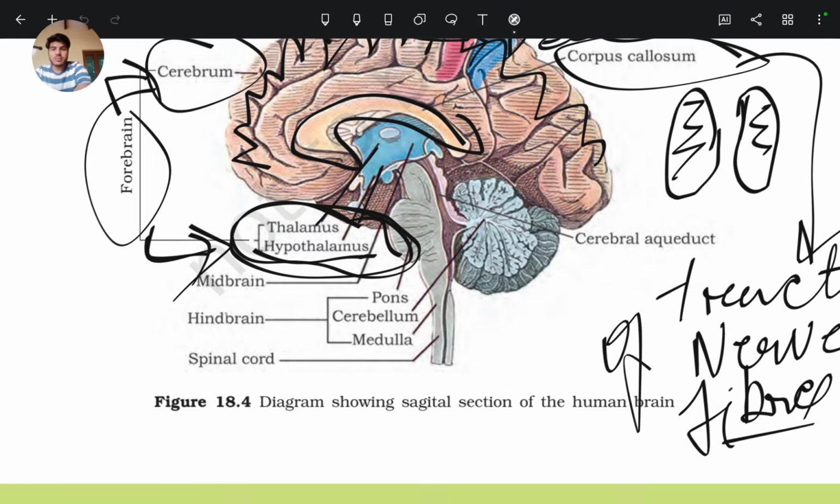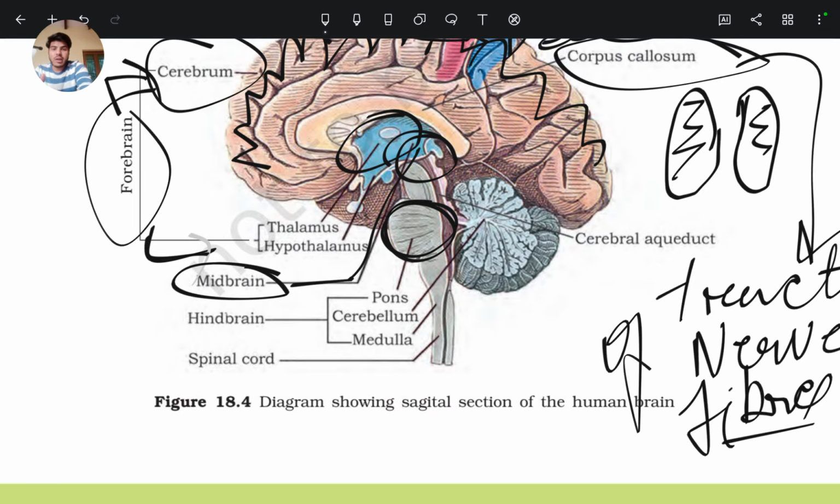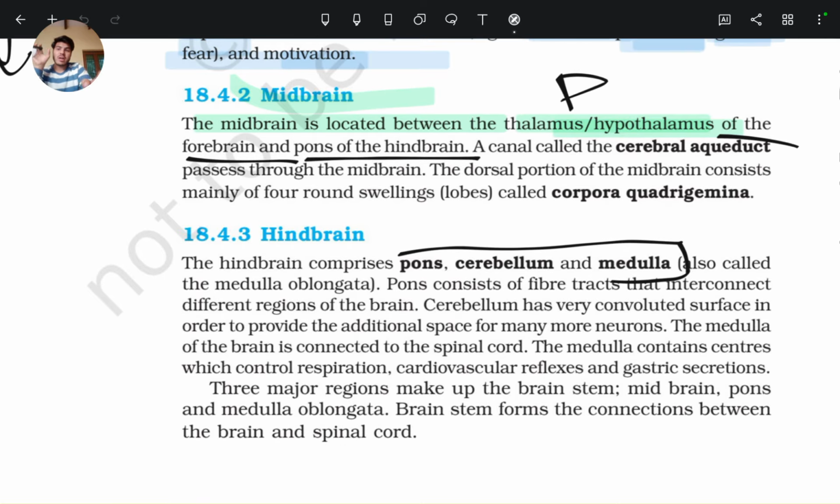That's why we call it the midbrain, because it is located in the middle of these two parts of the brain.